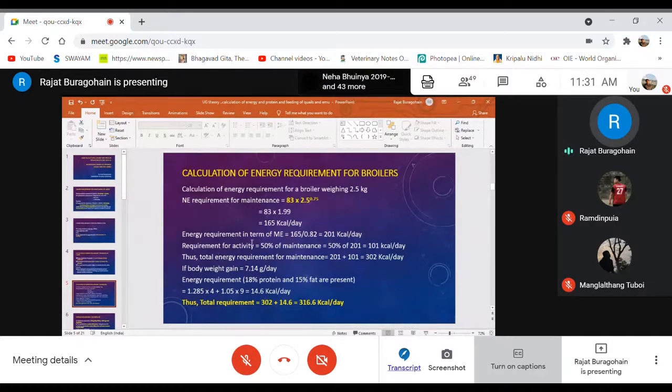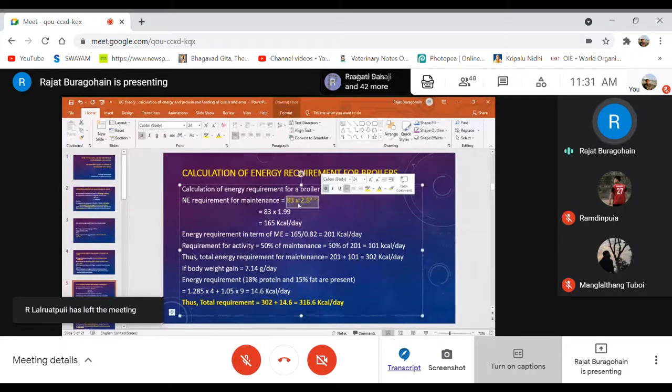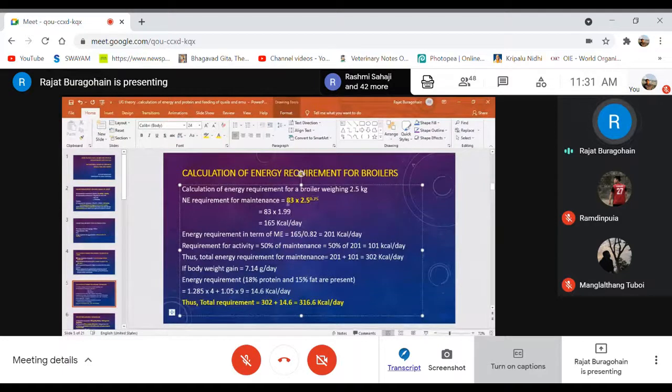Activity requirement will be similar to layer: 50% of maintenance in case of deep litter system of management, and 37% of maintenance requirement in case of cage system of management. And here also energy requirement for maintenance will be the same: 83 into body weight, live weight to the power 0.75, or 83 into metabolic body weight of the broiler. Depending on the body weight, it will vary.